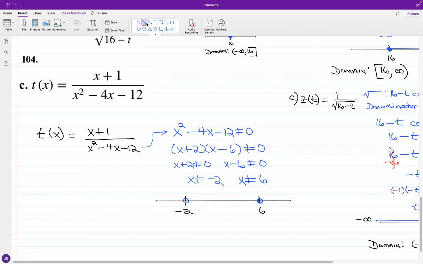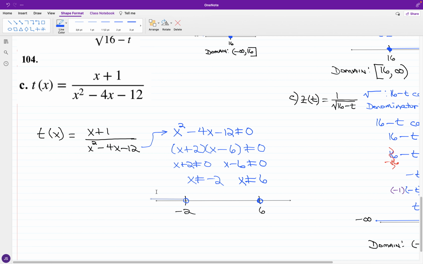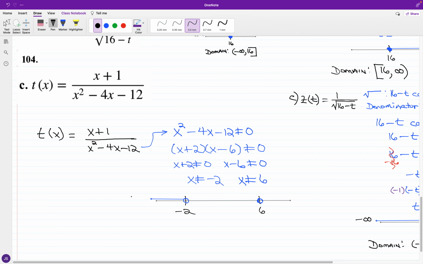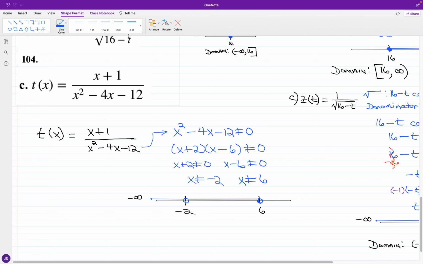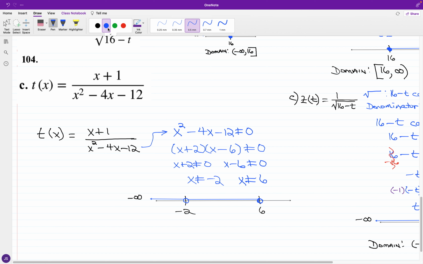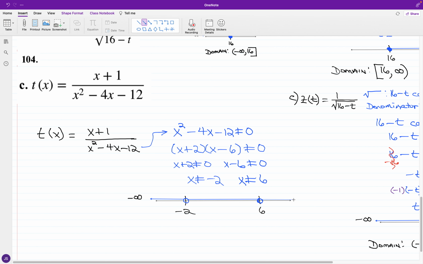So everything less than -2 is in the mix, and everything greater than -2 and less than 6 is also in the mix. And in the upper realm, those values of x greater than 6 are in the domain as well.